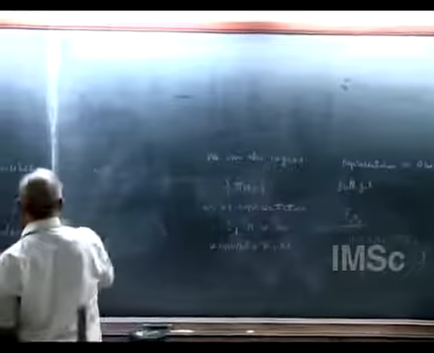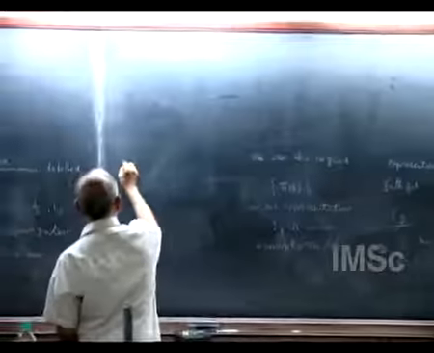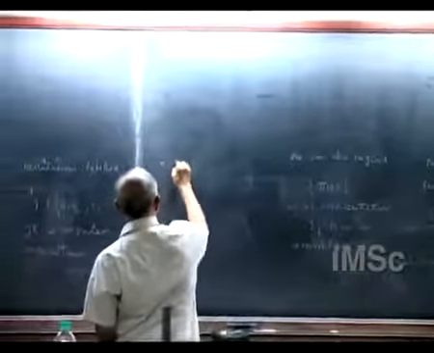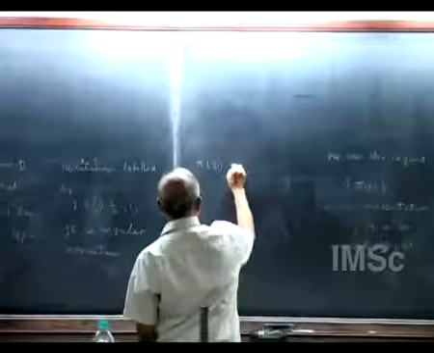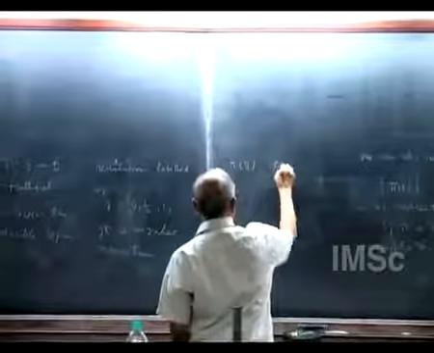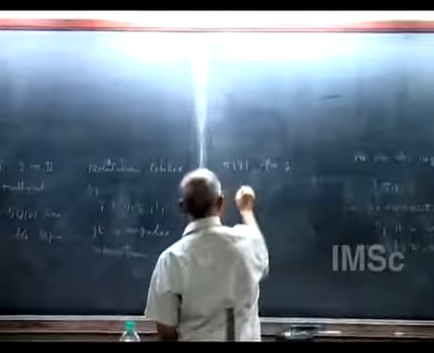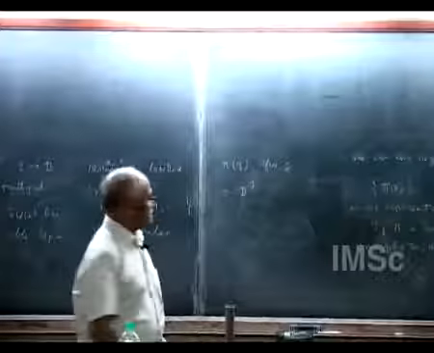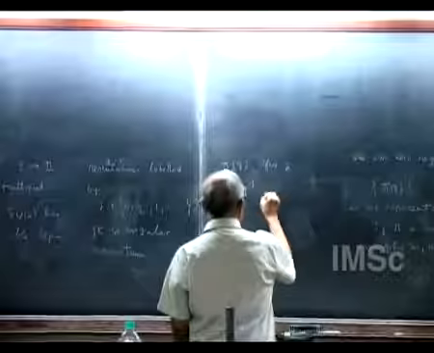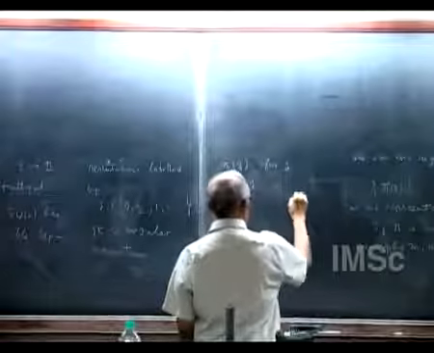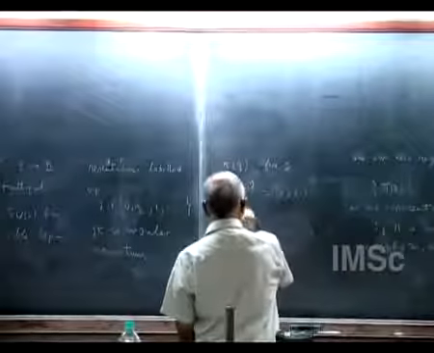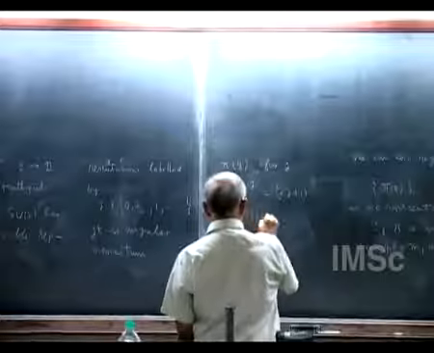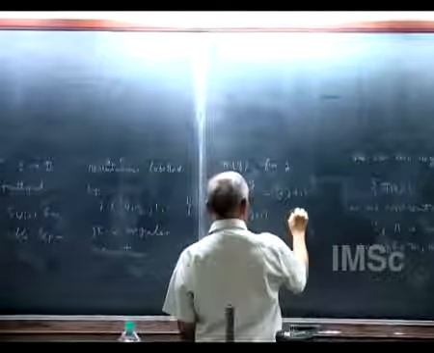It happens that this pi g, okay, for j, is written normally as dj. This is a rotation matrix. This is 2j plus 1 cross 2j plus 1, what we call as rotation matrix.